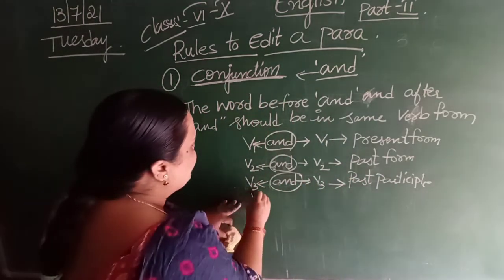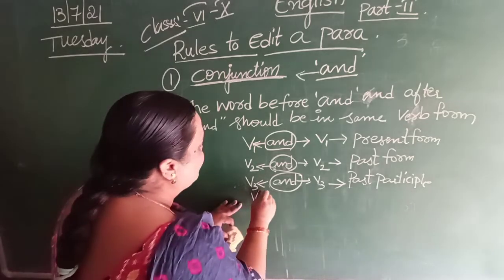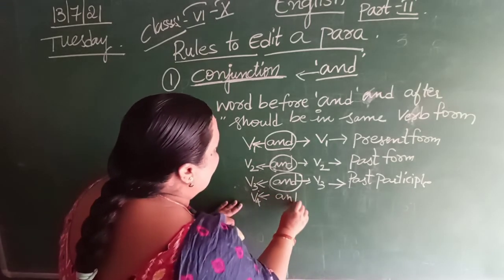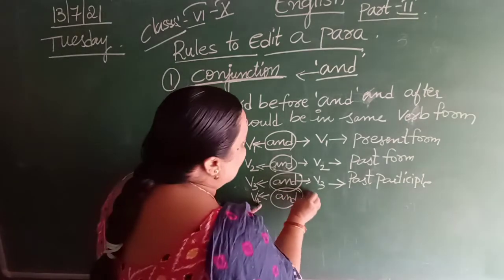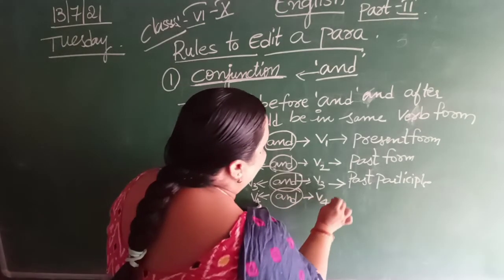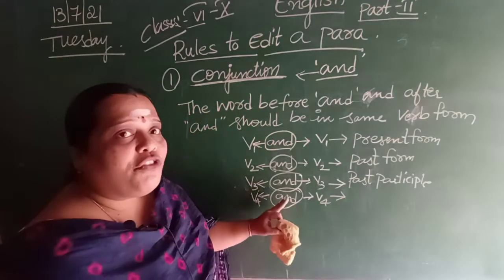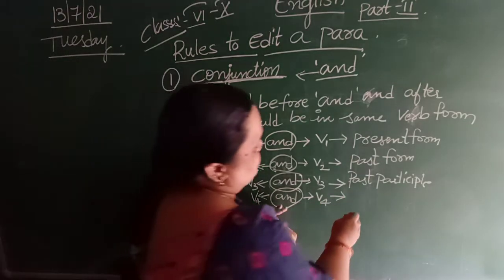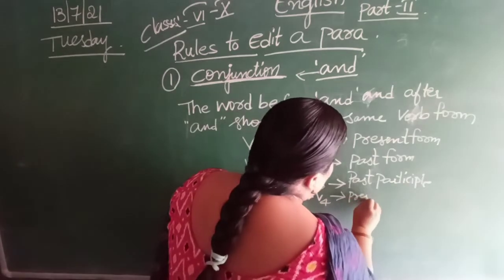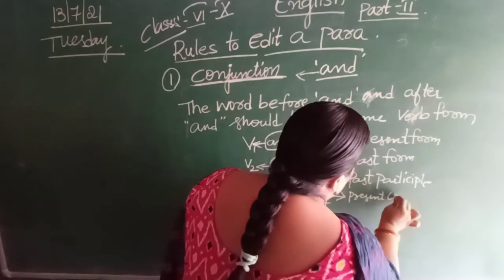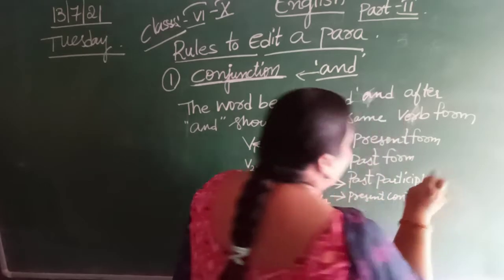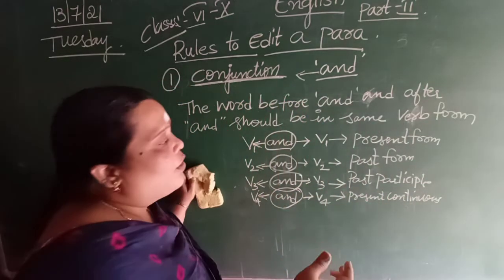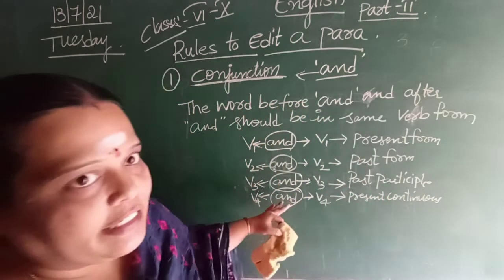Next, if we are using a V4 form before and, then after and also it should be V4 form. So V4 form is present continuous. Our action has already started and it is still going on. So that is present continuous.